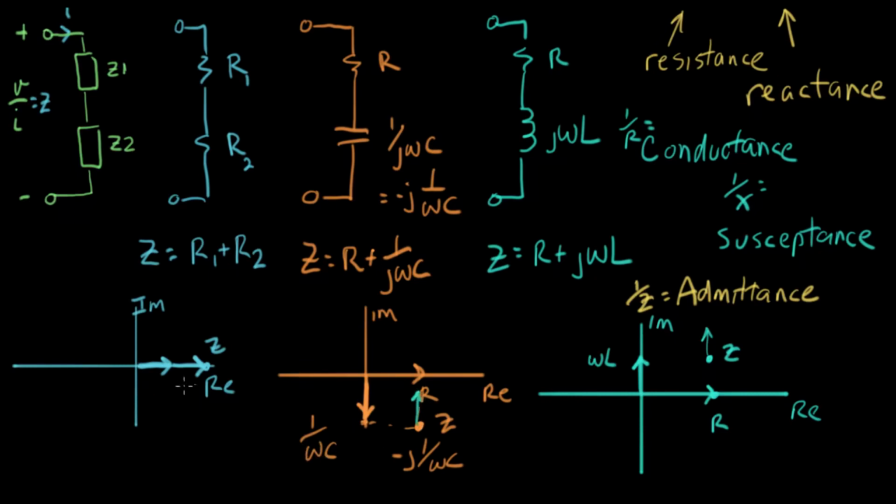And on the resistor side, there's no omega term here, so nothing changes when omega changes in this resistor picture. So this shows us in a graphical way what happens when we change the frequency of a complex impedance.